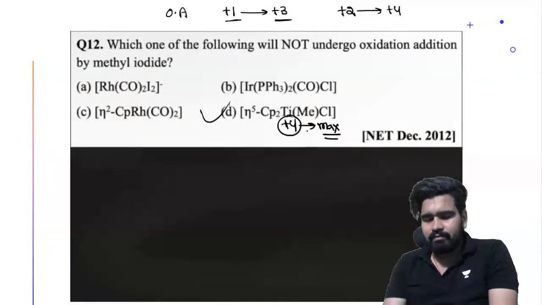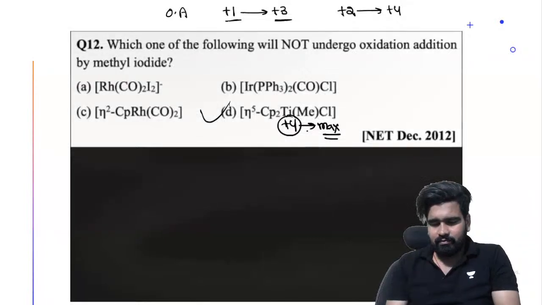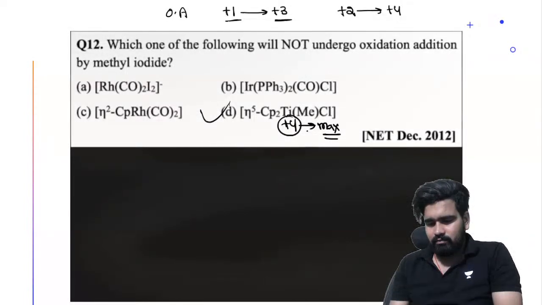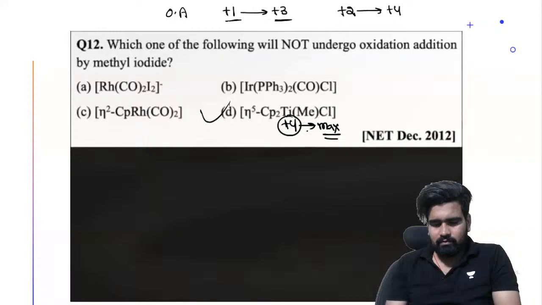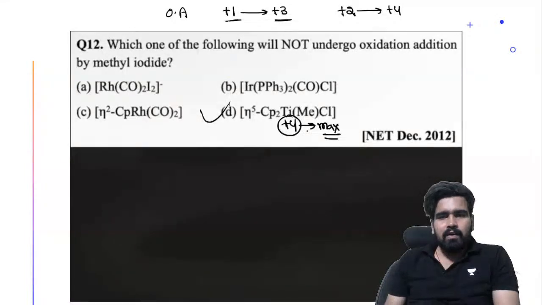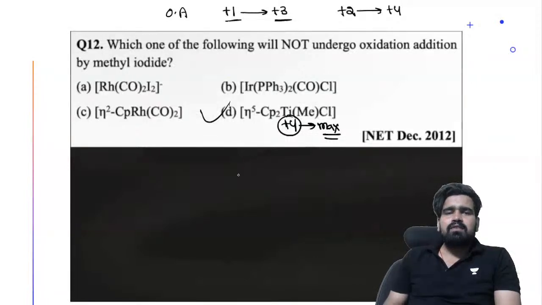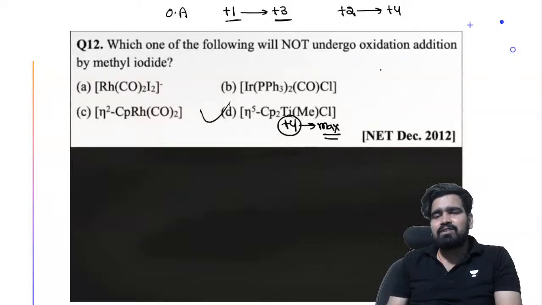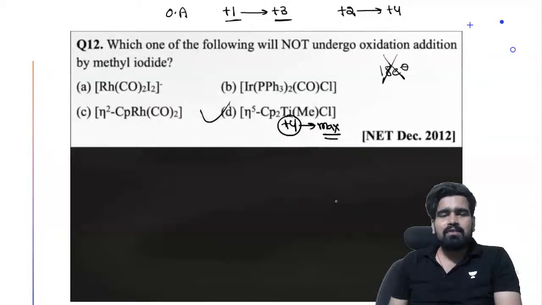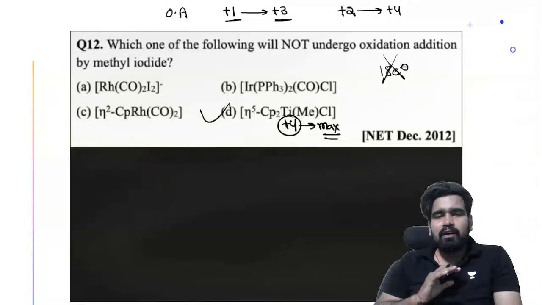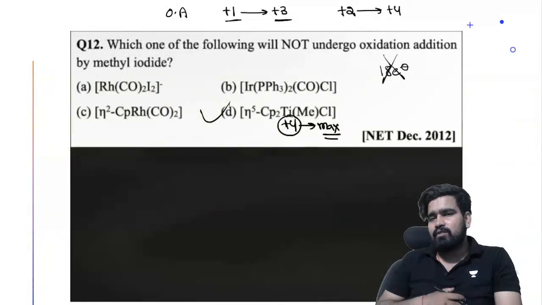You can check out. So D is going to be the right option. Some people try to use the 18 electron rule here, and they make a big mistake, because the complex may or may not show the 18 electron rule; that has nothing to do with this concept.